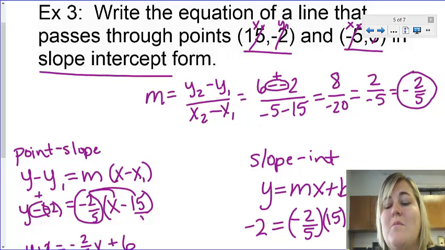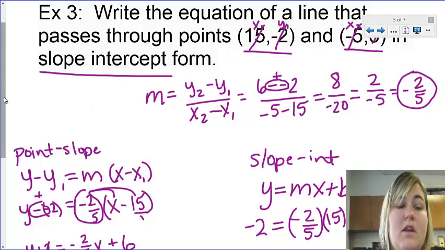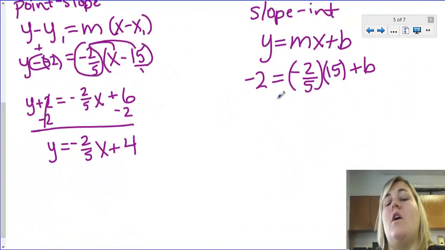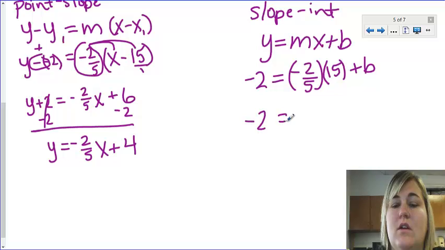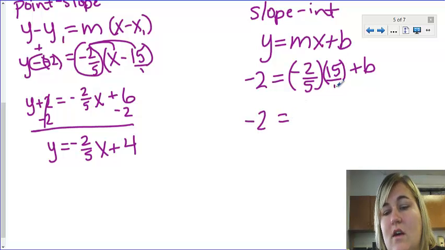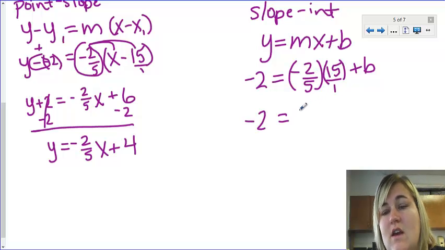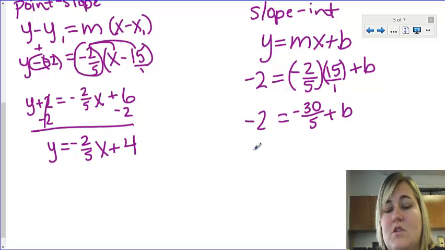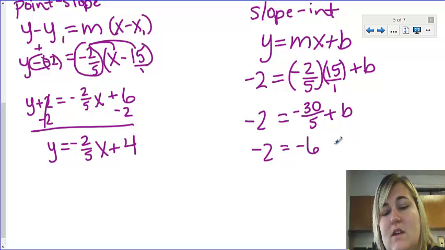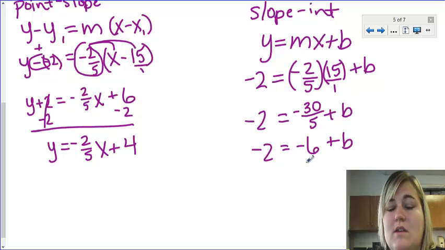I don't know b, but I need to find b to be able to put it in slope-intercept form. So I have -2 equals, I'm going to multiply these. -2/5 times 15 is going to be -30 over 5 plus b, which is going to give me -2 equals -6 plus b. To get b by itself, add 6 to both sides.